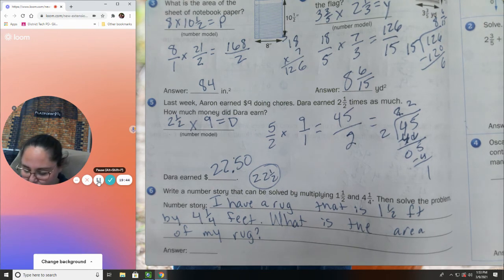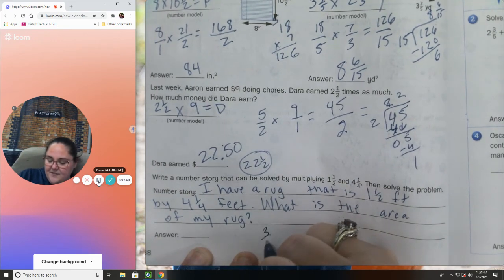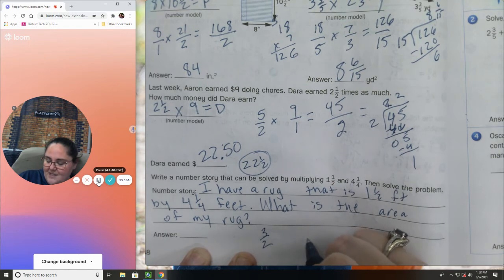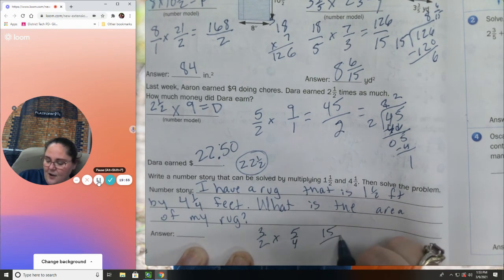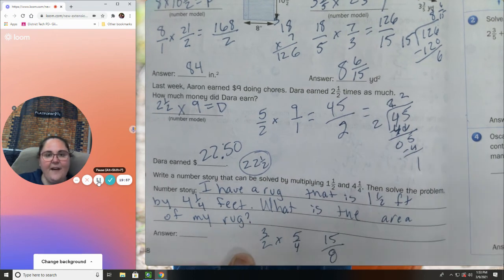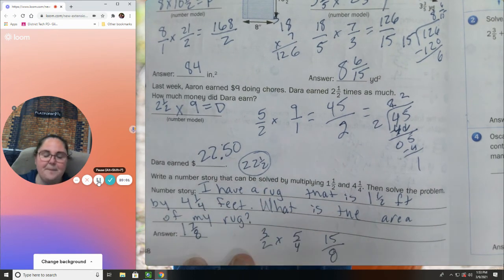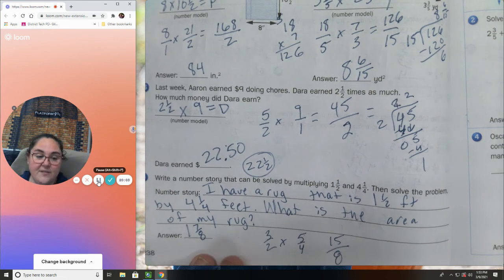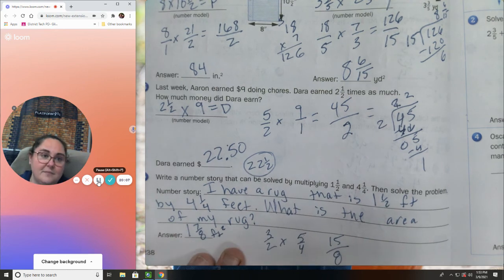So it says write a number story that can be solved. Let's do it. 1 1/2 is the same as 3 halves. 4 1/4 is the same as 5 fourths. Multiply straight across. We have 15 over 8. If I divide that out, we're going to have 1 7/8. 1 7/8 for me would be feet squared because it's area.